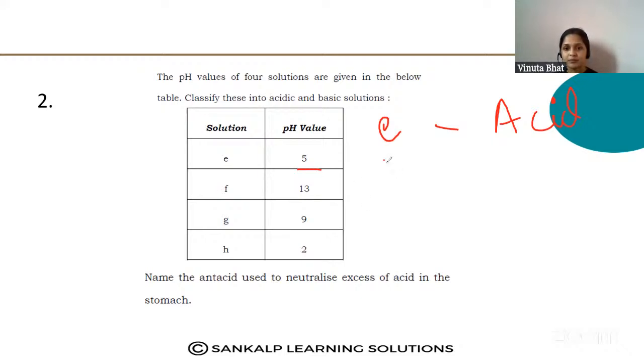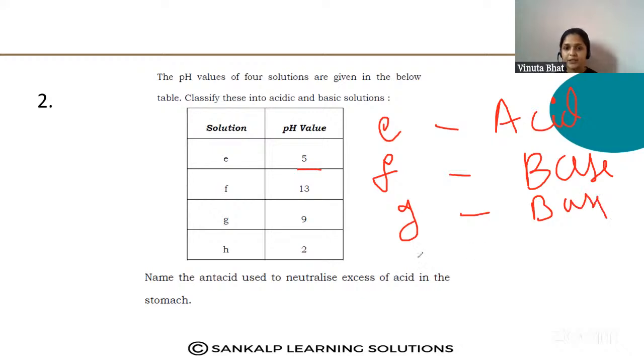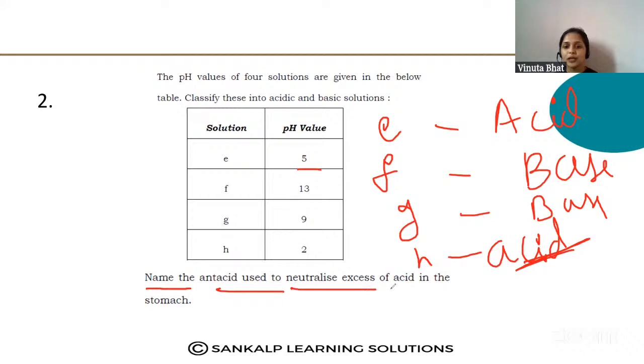And F is a base because the pH value is more than 7. Then G, that is 9, is a base, and H is an acid. EFGH. Next question. Name the antacid used to neutralize the excess of acid in the stomach.